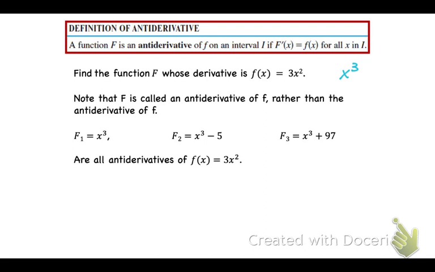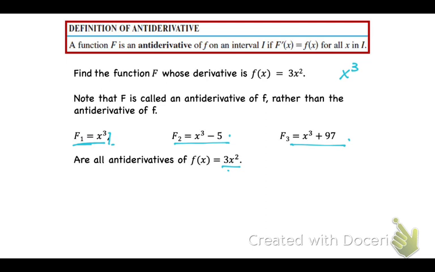So, I'm sorry, these are the original functions. Would these all not give you 3x squared if you found the derivative? Yes. Okay, so what's different about every single one of these? That one has nothing. That one's minus 5, that one's plus 97.